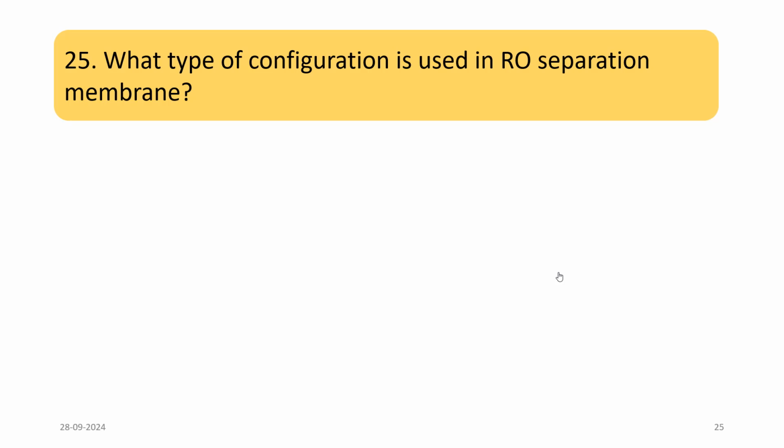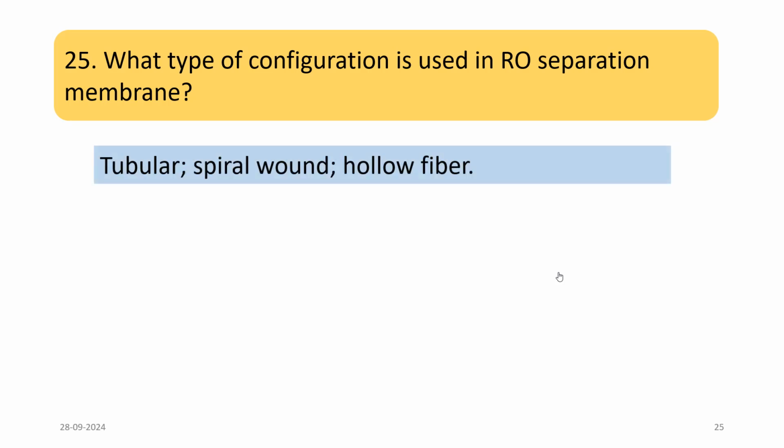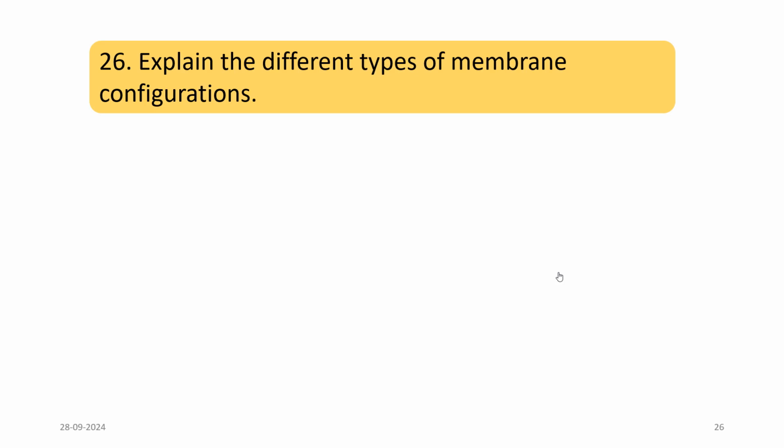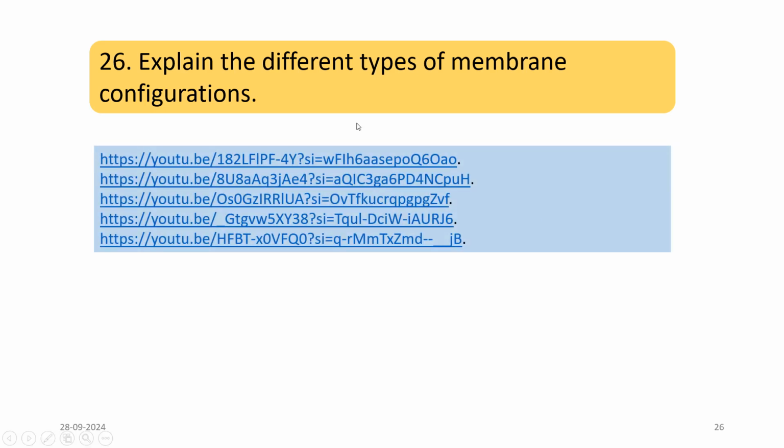In case of tubular, the module is rectangular and primarily used in micro and ultrafiltration applications. Here the tubular membranes are placed inside a porous support tube, and these tubes are placed together in a cylindrical shell to form the unit module. Here you can see the rectangular shaped membrane support and inside it a porous one.